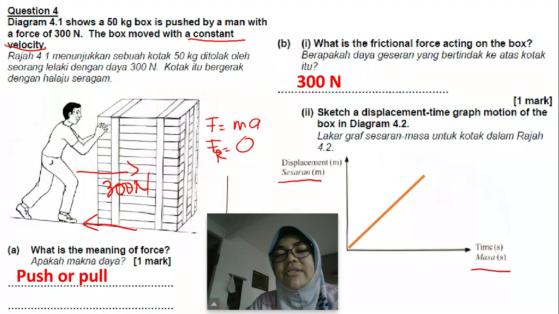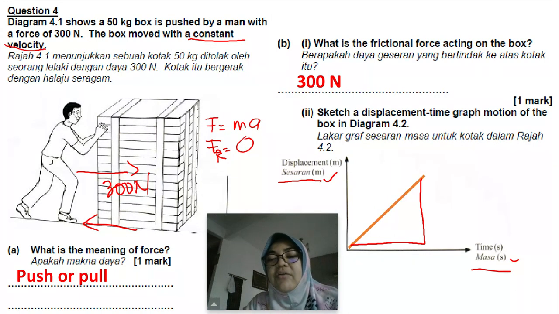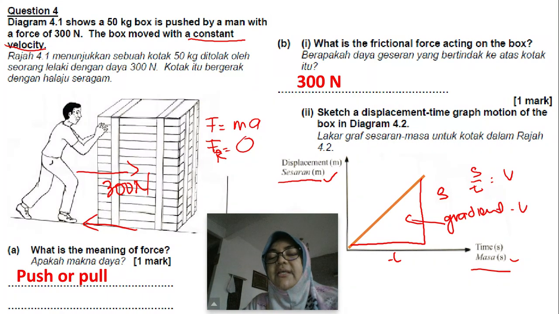Because once again, this is a displacement against time graph, and from the gradient of the graph, S divided by T, we get V. So the gradient is the velocity. Since the velocity is constant, we must only get one velocity. So it is a straight line graph.